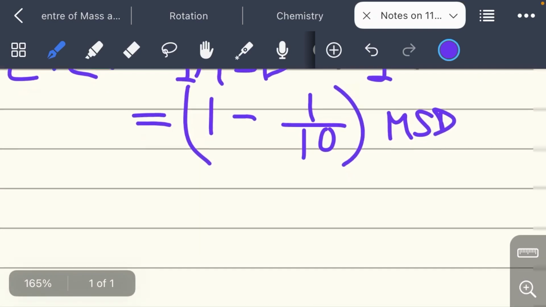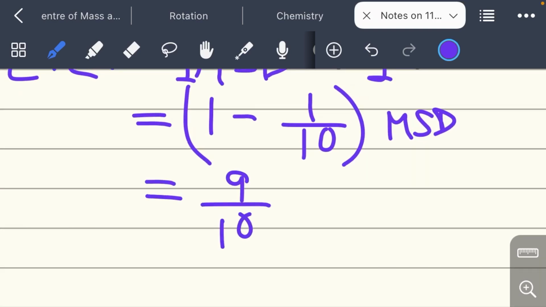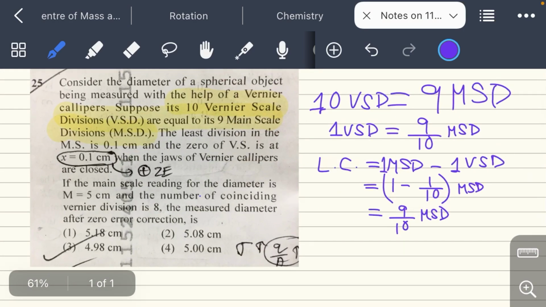Okay, so least count is 9 by 10 MSD and least count of the MS is 0.1. So we'll put 0.1 here.